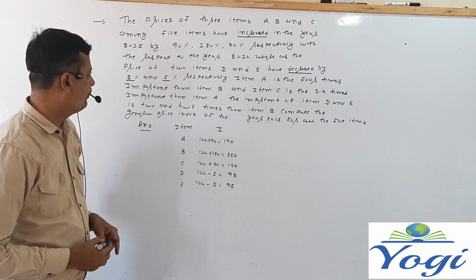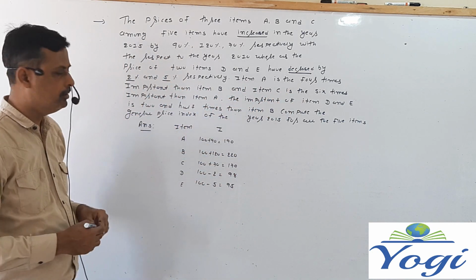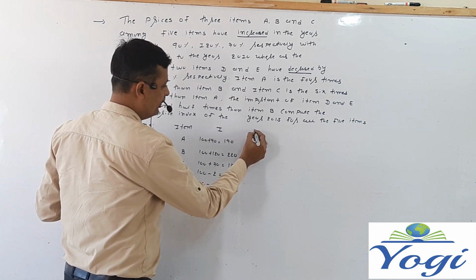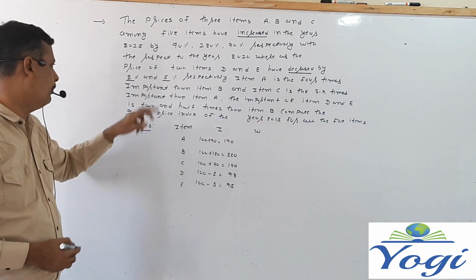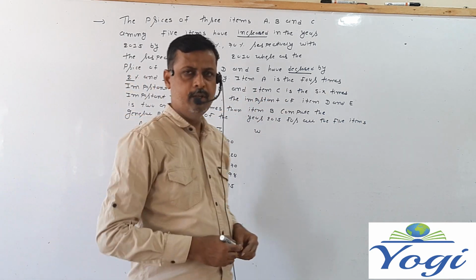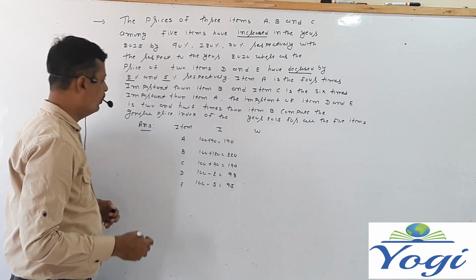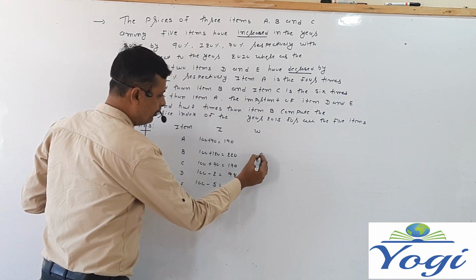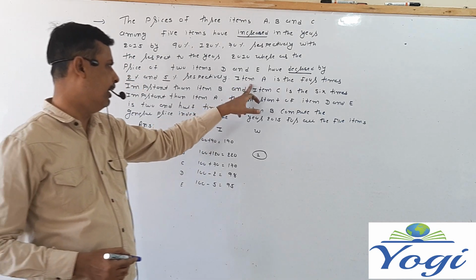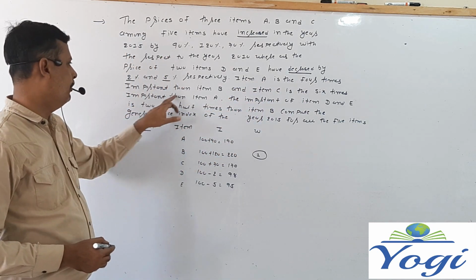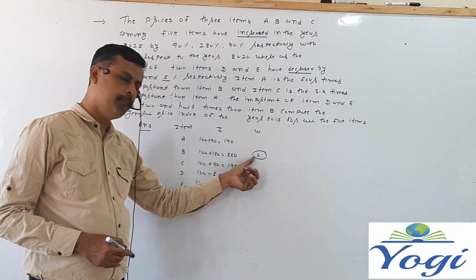Then, item A is 4 times as important as item B. Now importance means weightage, W. So suppose we take the importance of item B as 1.